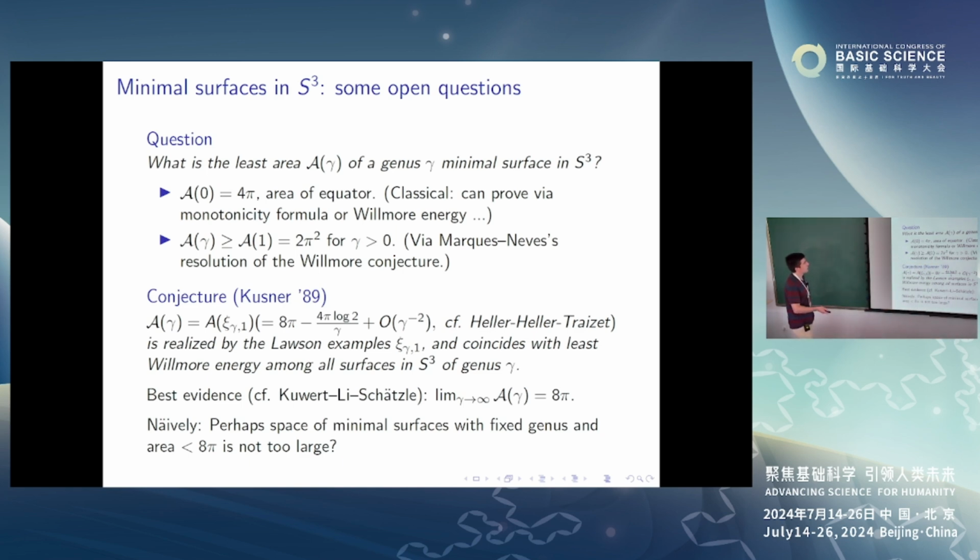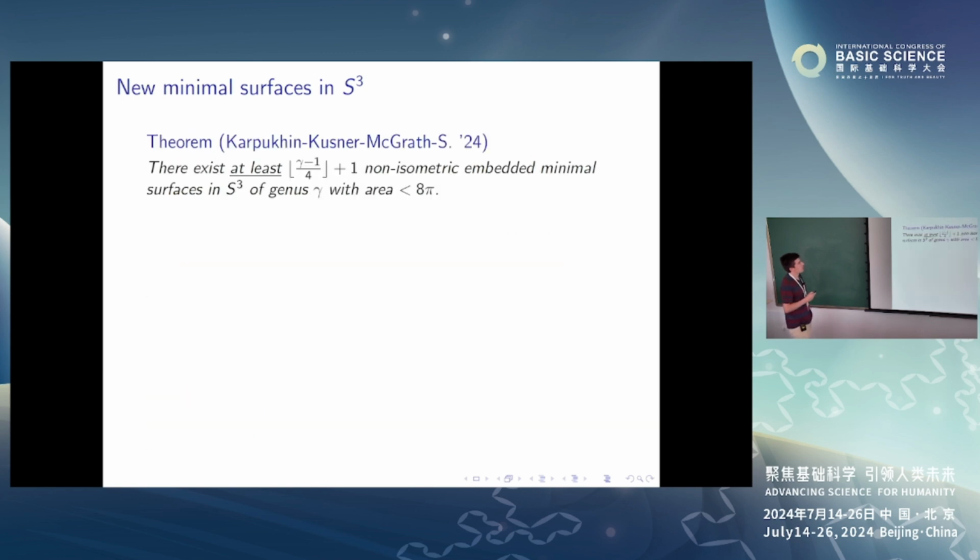And in fact, as one corollary of the machinery I'm going to tell you about today, we know that the number grows at least linearly with the genus, even below this low area threshold. So in fact, there exist at least, let's say roughly genus over 4 non-isometric embedded minimal surfaces with area less than 8 pi. So already in sort of the lowest possible area where you can realize all topologies, you're getting piles of minimal surfaces as the genus gets large, at least linear with the genus.